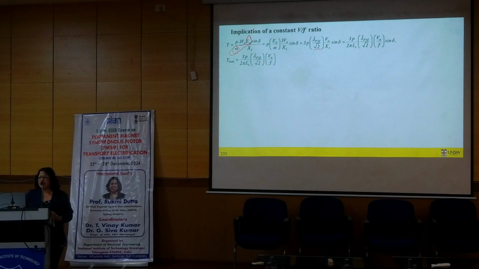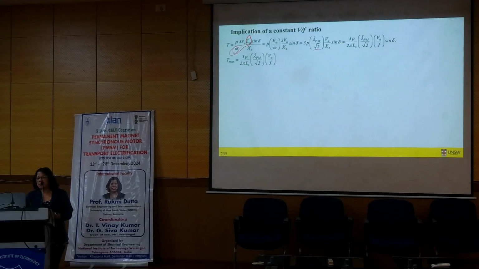So if EA over omega is a constant, even if we change omega, that means EA is going to change proportionally, so it's kind of constant.